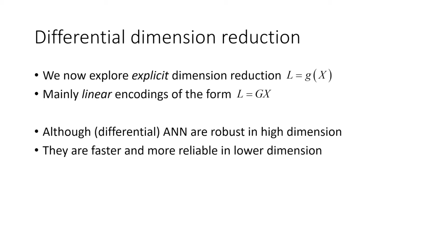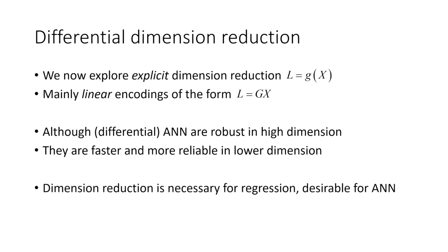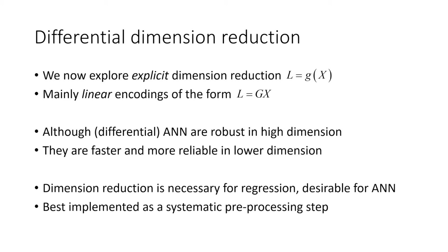In dimension up to 30 to 50, they are usually trained in around 100 epochs without any supervision. Higher dimension often requires a much larger number of epochs and manual tinkering. Safe dimension reduction is either necessary or desirable in all situations, and best implemented as a systematic preprocessing step.